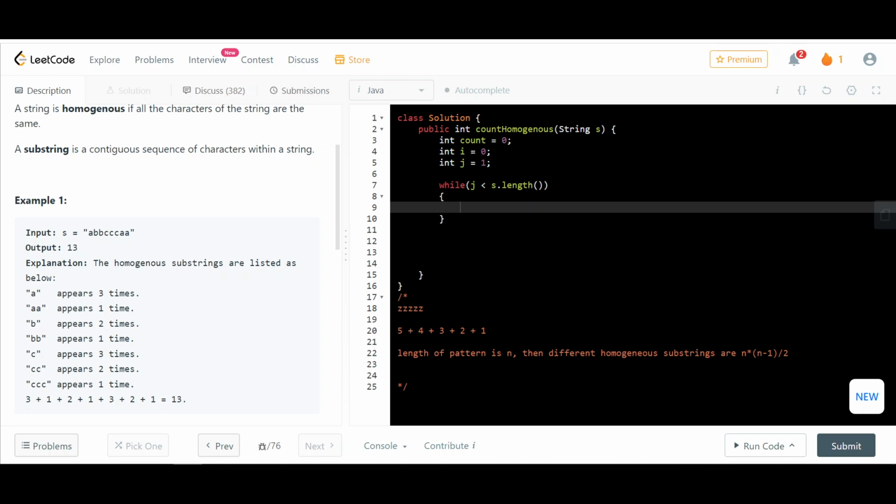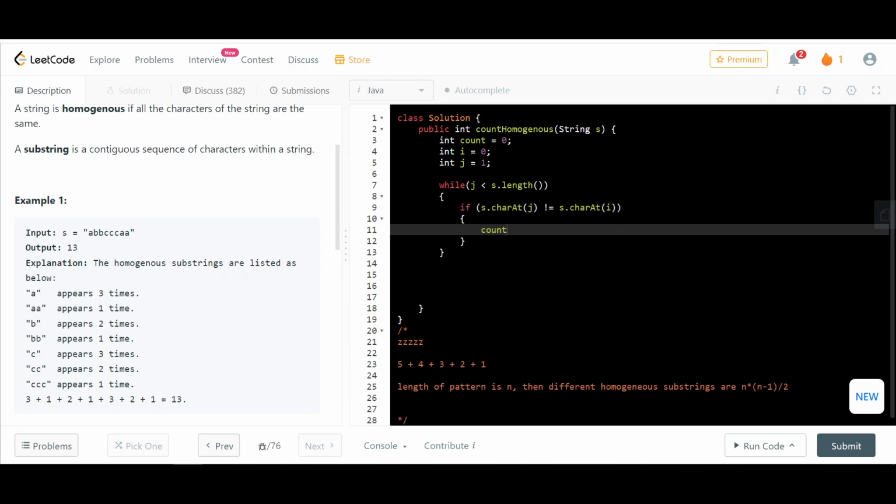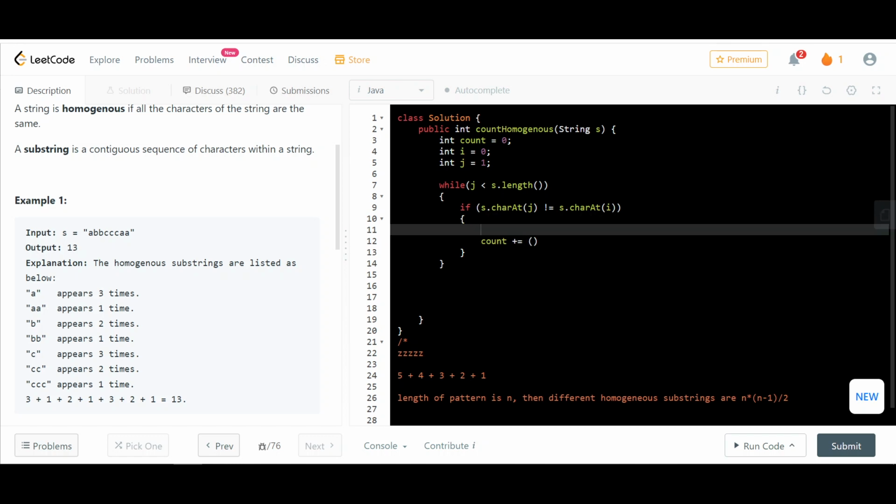What exactly do you check here? You check J's character with the I's character, or maybe just the previous character. So if s[j] is not equal to s[i], then count plus equals, first you compute n.